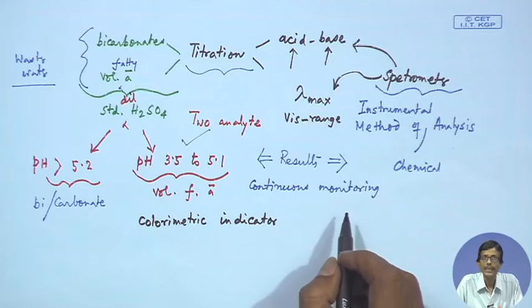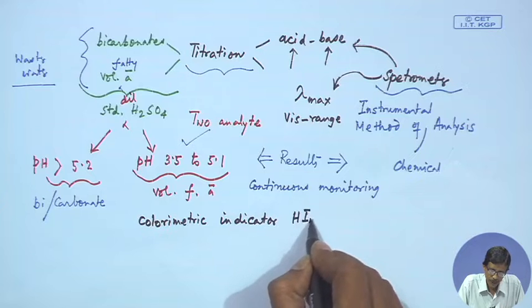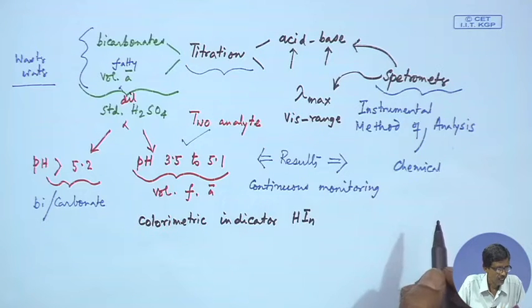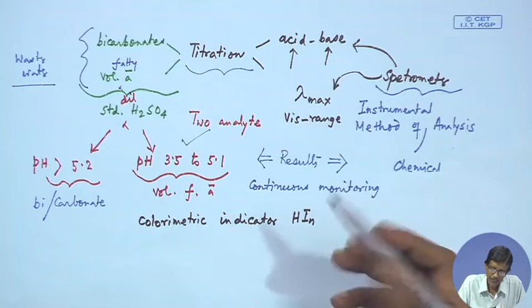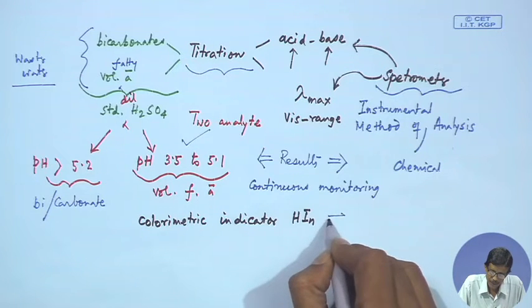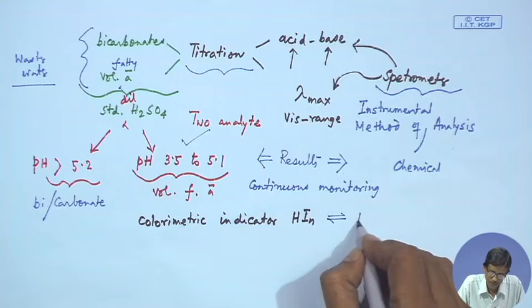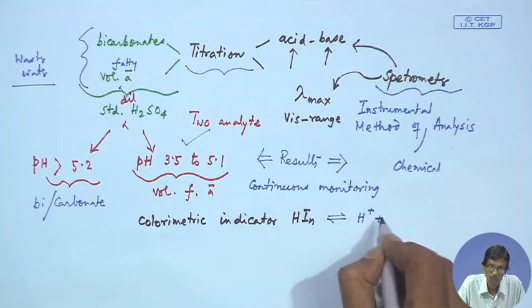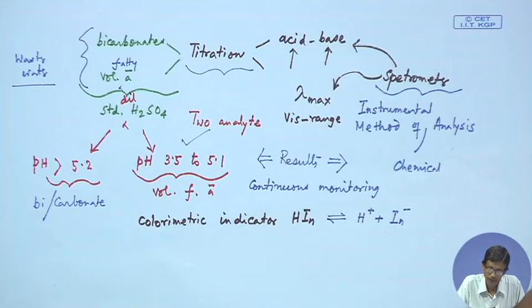That particular indicator is again a weak organic acid, and as we all know now, it can remain in chemical equilibrium, giving rise to the liberation of the corresponding proton and the anionic form of that indicator, In minus.